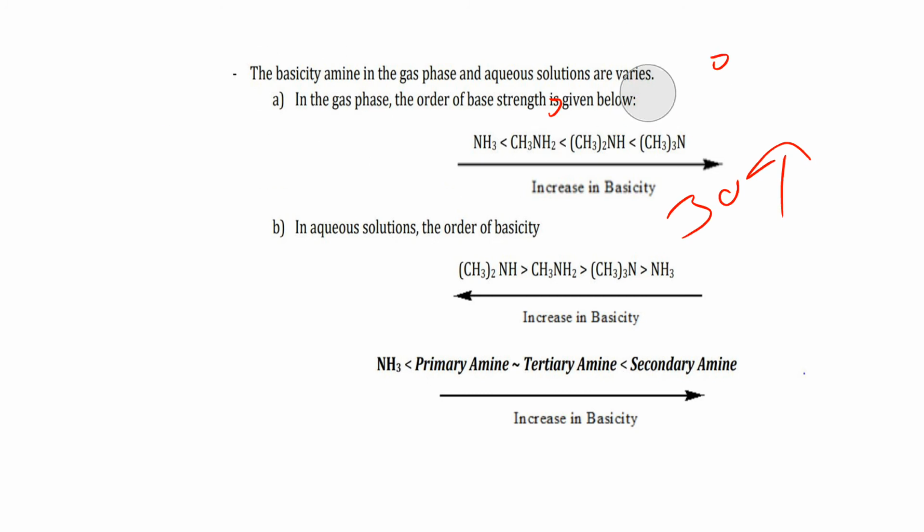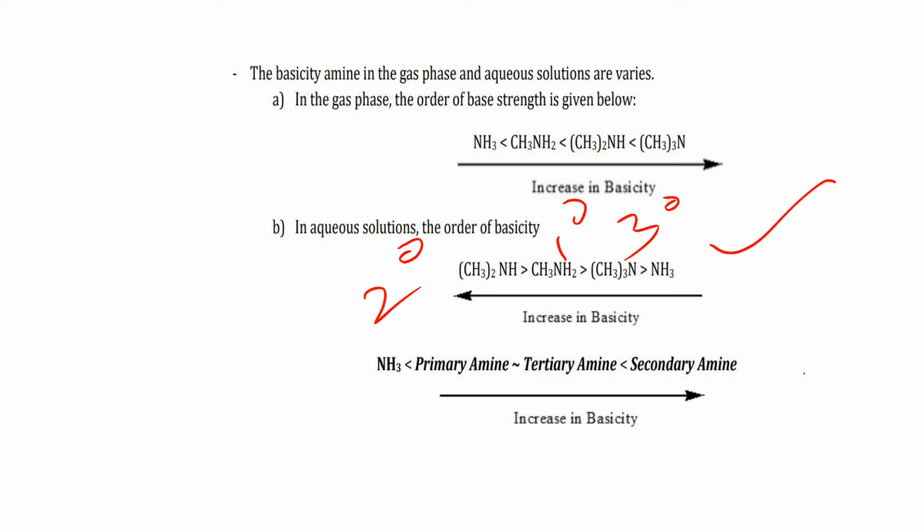But in the aqueous phase, the order of increasing basicity is: secondary greater than primary greater than tertiary greater than ammonia.